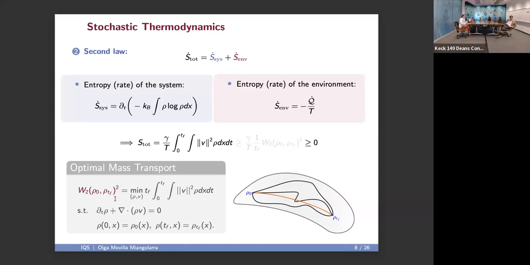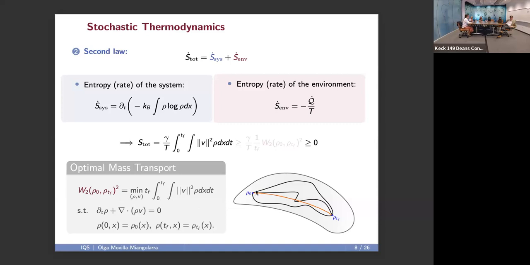So what this tells us is that we really have a way in which we can metrize this space of thermodynamic states, and the distance between 2 points will tell us what is the minimum entropy production that we have to incur if we are trying to move from rho 0 to rho Tf. Now, it not only does that, but it also allows us to measure lengths of any thermodynamic transition.